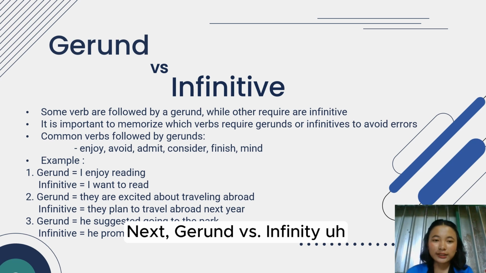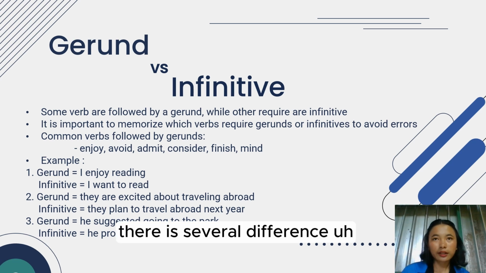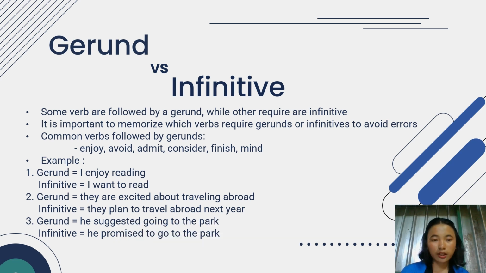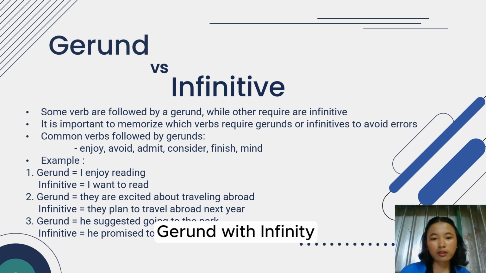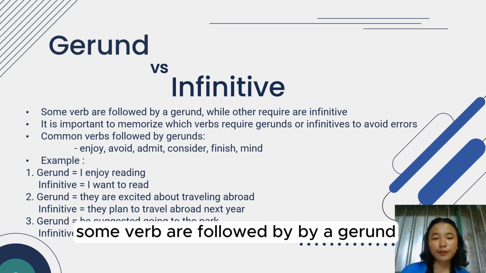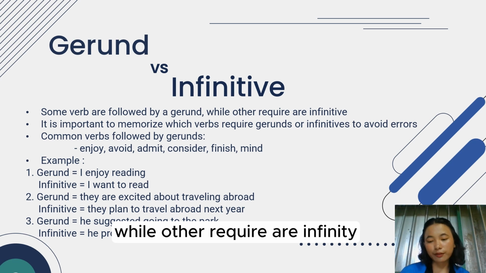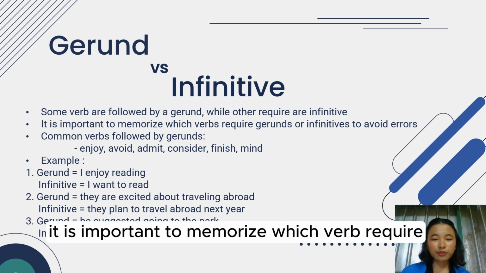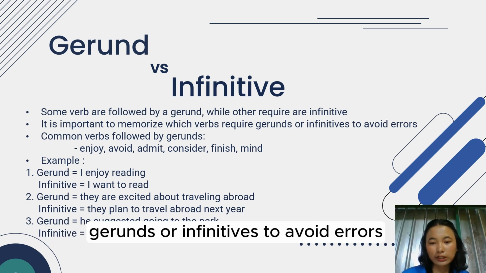Next, gerund versus infinitive. There are several differences between a gerund and an infinitive. Some verbs are followed by a gerund, while others require an infinitive. It is important to memorize which verbs require gerunds or infinitives to avoid errors.